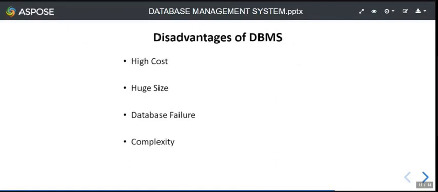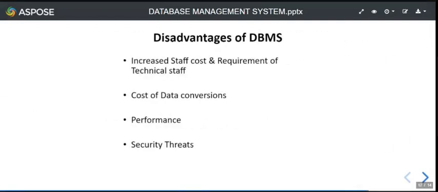Coming to the next part, that is disadvantages. There are certain disadvantages associated with DBMS: high cost, huge size, database failure, complexity, increased staff costs, cost of conversion, performance, and security threats.